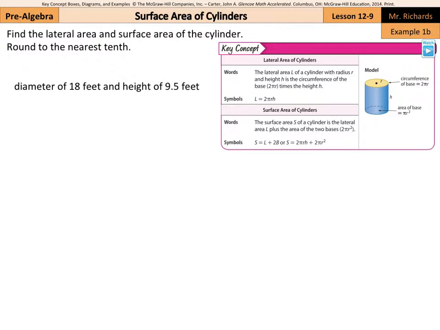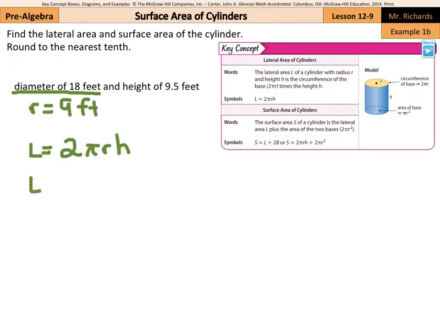Now in example 1b, we're given a description of a cylinder that has a diameter of 18 feet and a height of 9.5 feet. Well, with our circles, we do need to work with radii, and so our radius is actually going to be 9 feet here. And so now we're looking for the lateral area and surface area again. So lateral area is going to be equal to 2 pi r h.